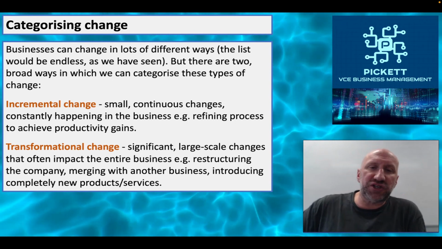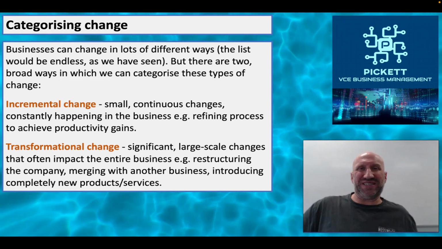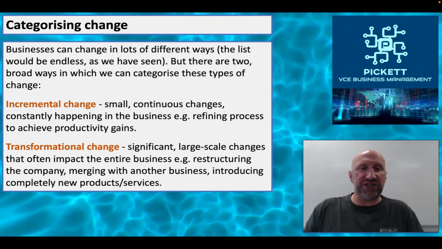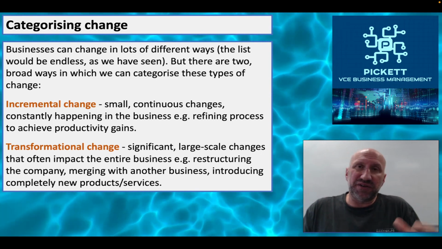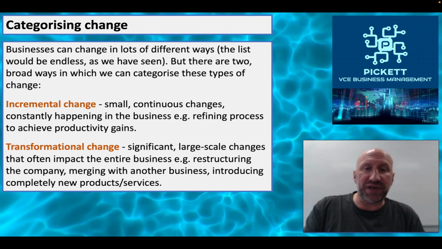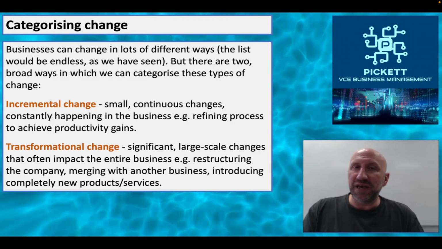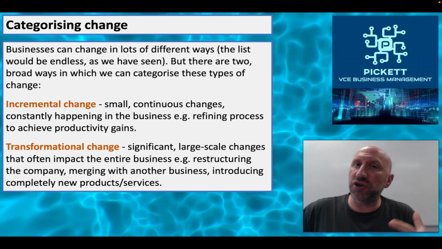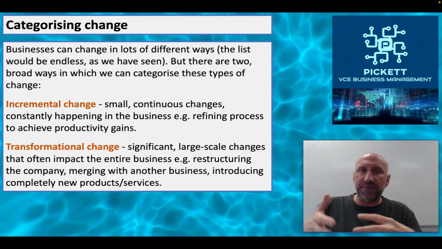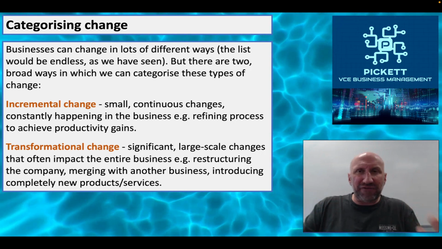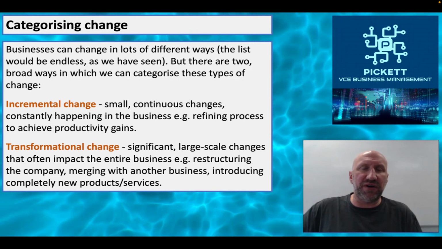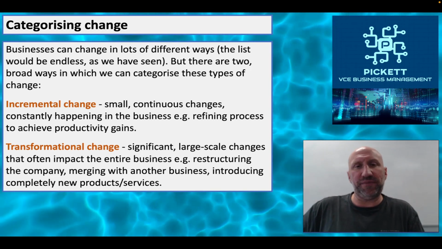Then we have transformational change, which is significant large-scale changes, often impacting the entire business, but not necessarily. So, for example, if we're restructuring a company, if we're going to merge with another business, introducing completely new products or services. So this is the big picture stuff. That clearly is more impactful in a short space of time. That's what we call transformational change.